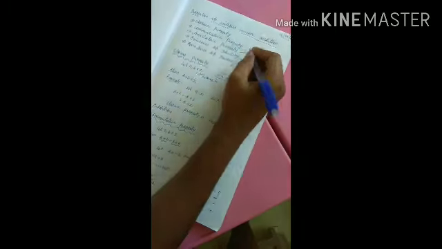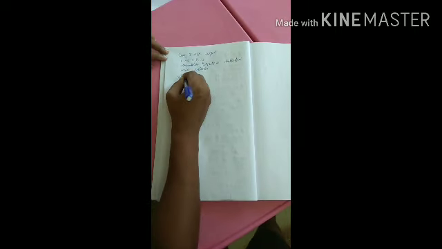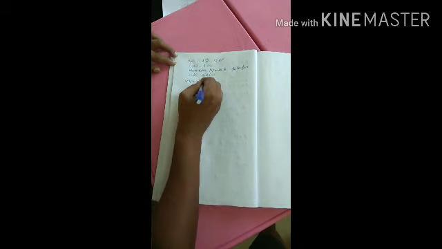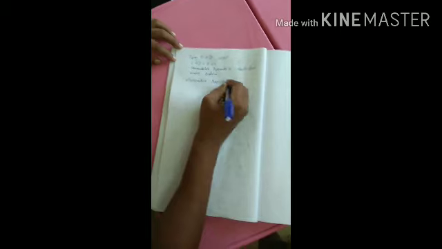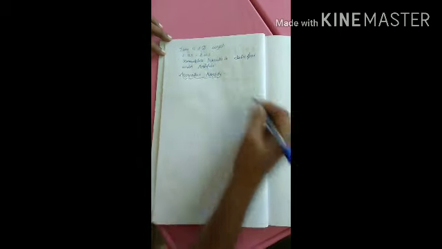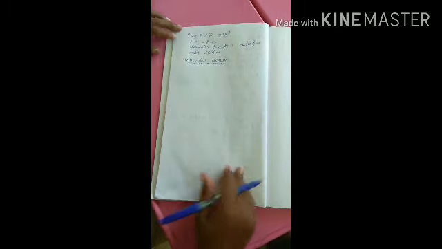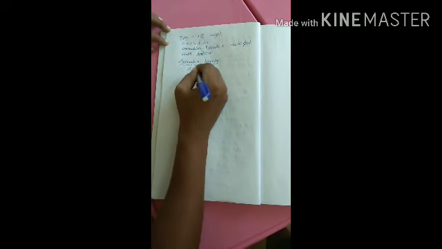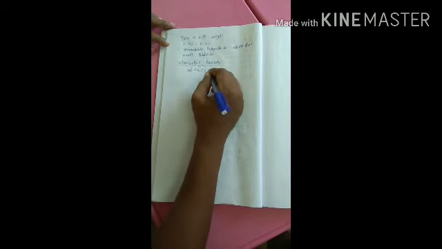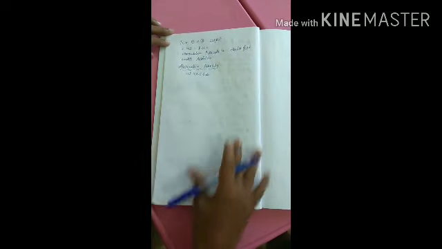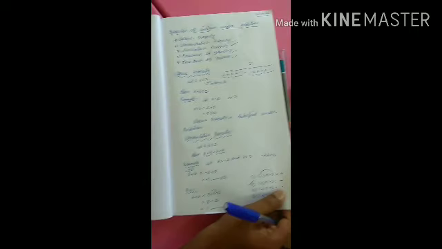Next, associative property. The associative property says that let a, b, c belongs to Z. Here Z is nothing but integers. In the last two properties we have taken two integers.